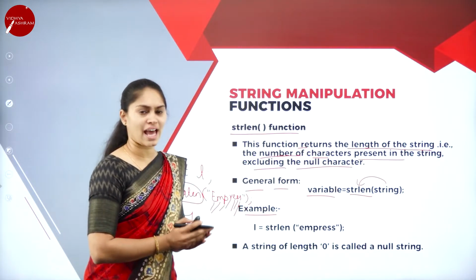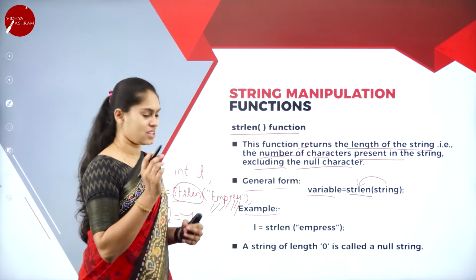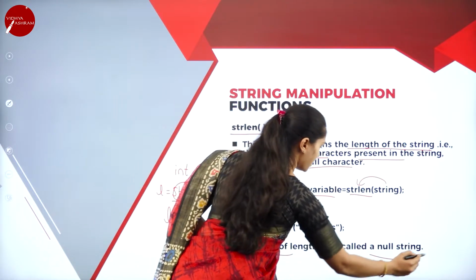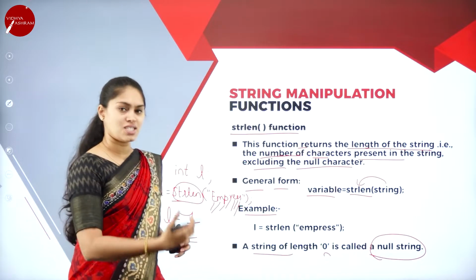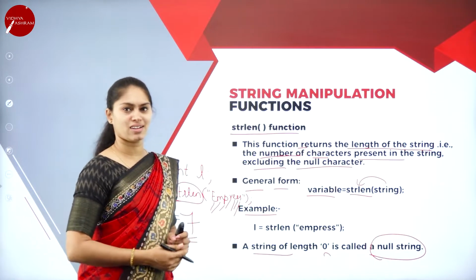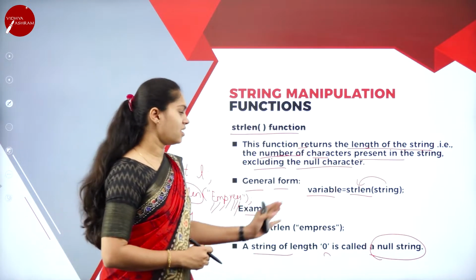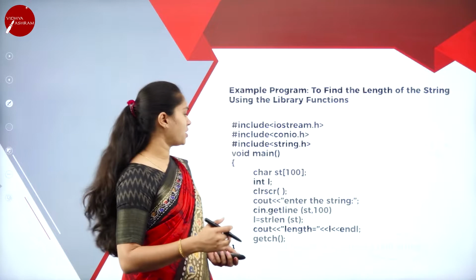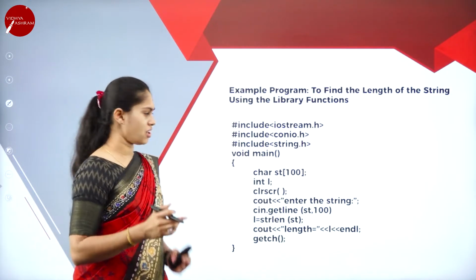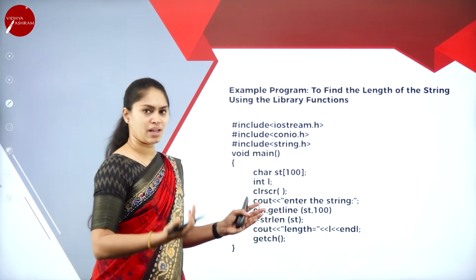When there are no characters or no value in a string, a string of length 0 is called a null string, because that string does not contain any value, there is no sequence of characters. Here we have already learnt this strlen function, the same as what I discussed in my previous program.